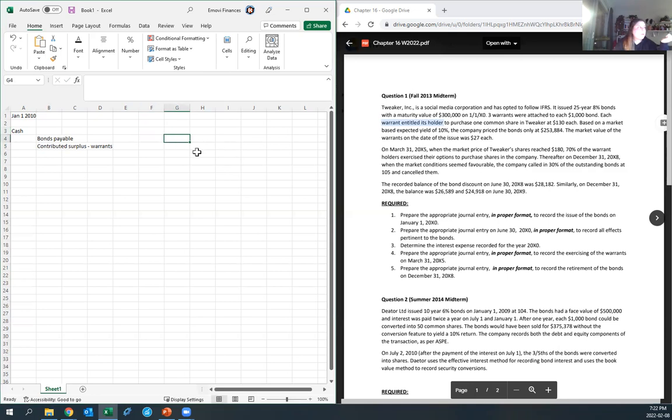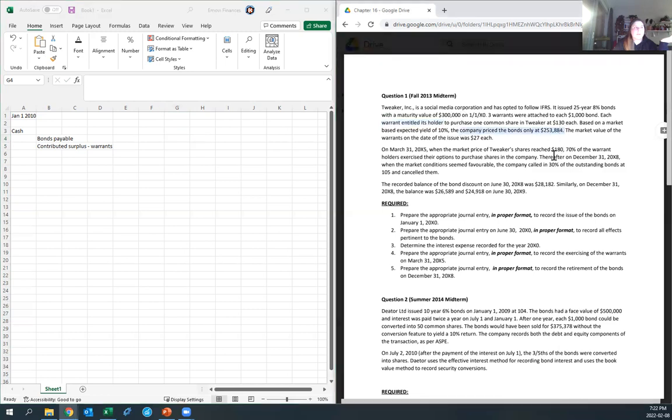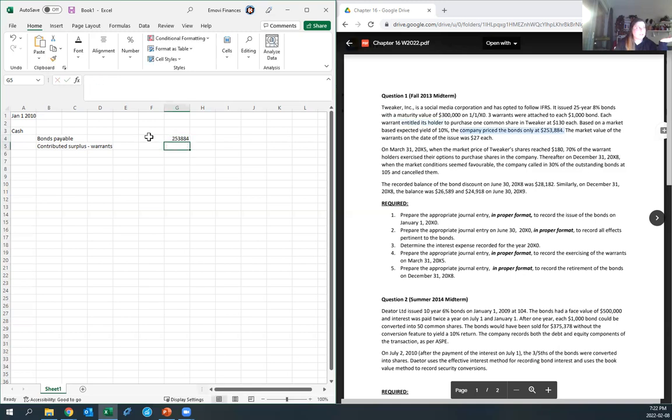The bonds payable is your present value of your maturity value, but here they said that the company priced the bonds only at $253,000. So that's going to be my present value. And the contributed surplus warrants is calculated as the number of bonds times the number of warrants per bond times the market price at the issuance date. No, sorry, not strike price, market price.